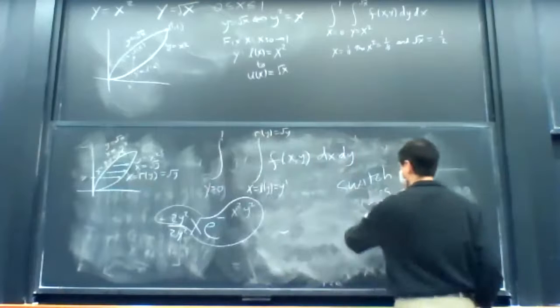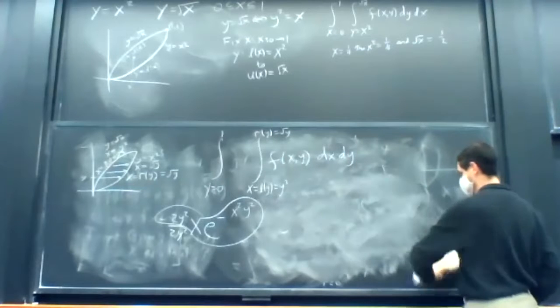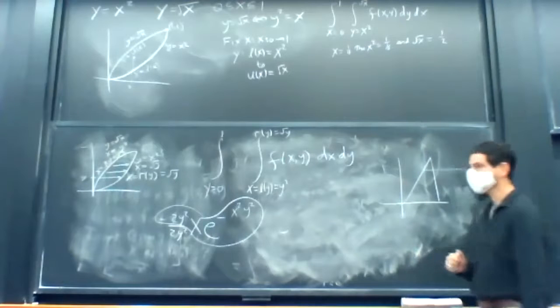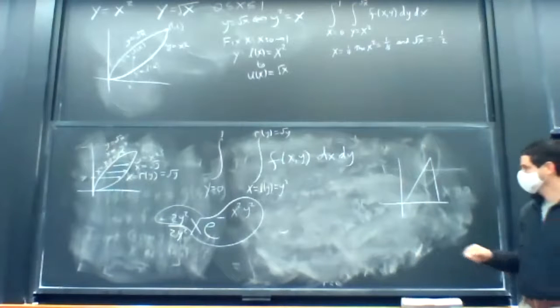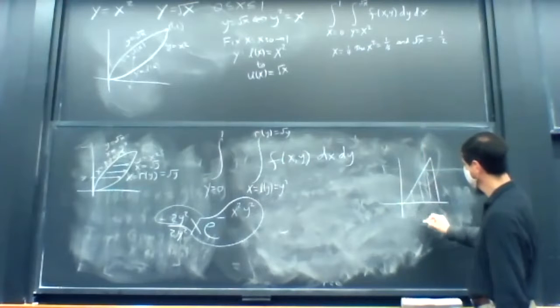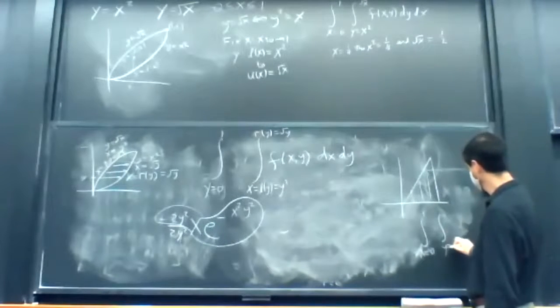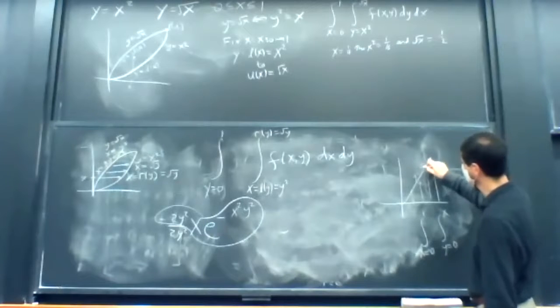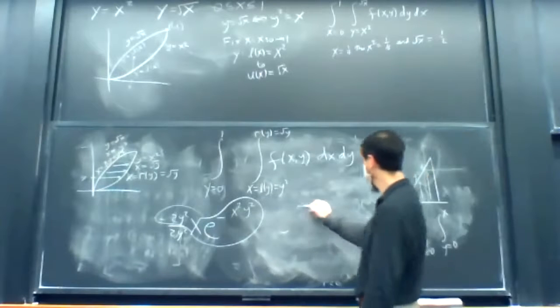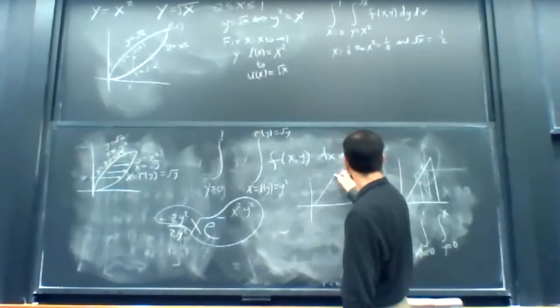For some of the problems, you have interesting ways of doing things. If I give you this region over here, this triangle, if I do the triangle this way, x goes from, say, 0 to 1, y goes from 0 to x, if this is the line y equals x. I could also do it this way.